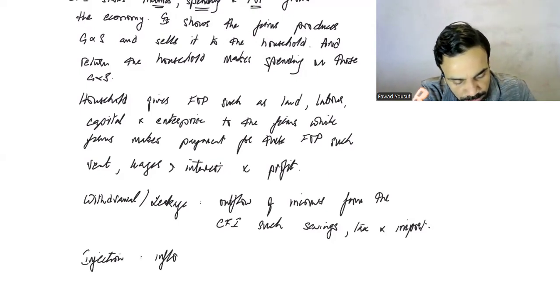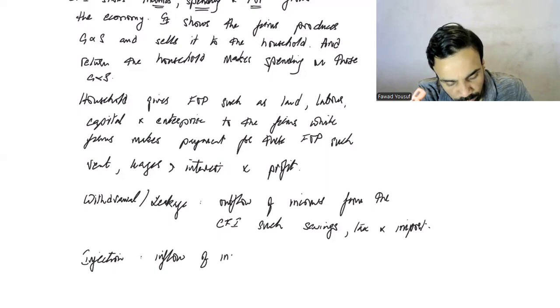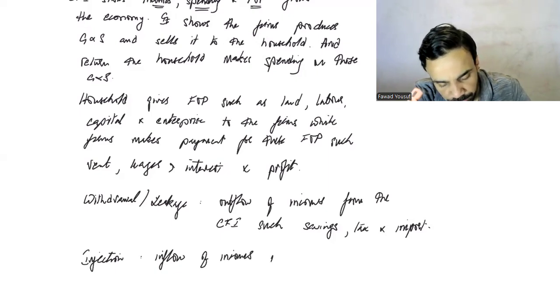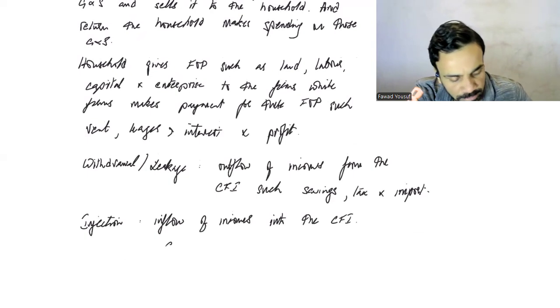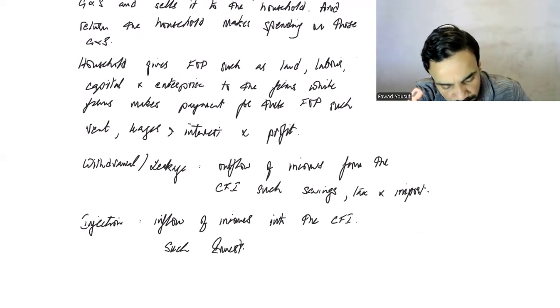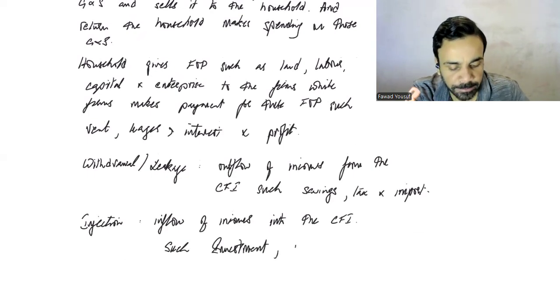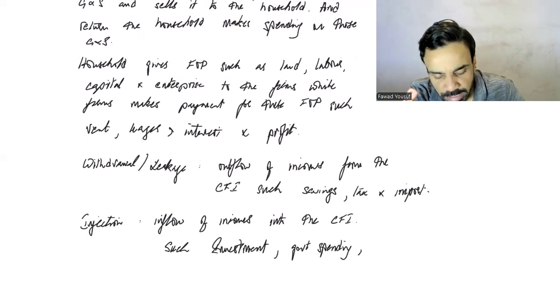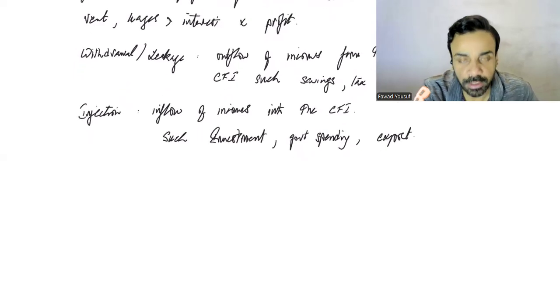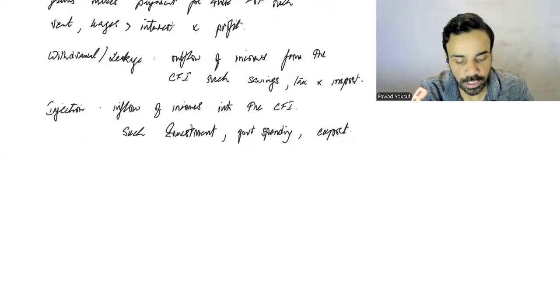So injection is basically inflow of incomes into the circular flow of income, and uske andar we have basically investment from the firms. We have government spending, we have exports. ठीक है? Maximum information, so that at least knowledge and understanding we maximize on the information.